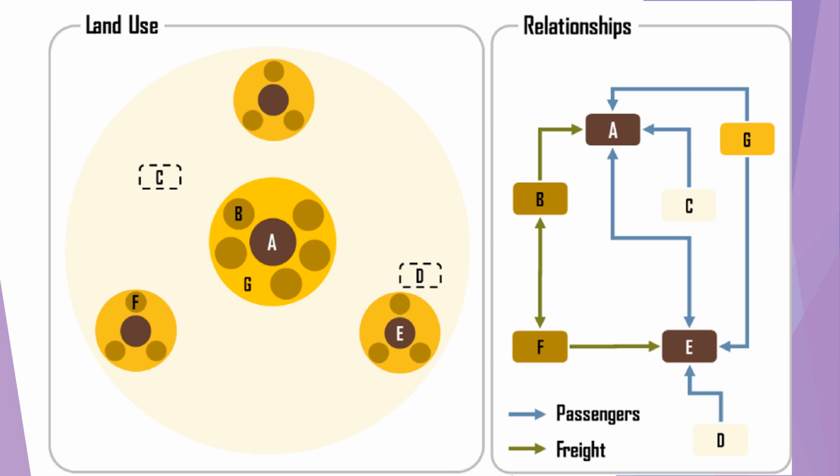G is meant to be an area that's just residential, might be a high density residential area, and so you get this as a major trip generator for people coming into A and E. And on the left is the spatial representation of these different relationships, where you've got the residential areas of C and D as well, as well as the dense area of G in the middle of town, and all of the people movements and freight movements that this kind of system generates.